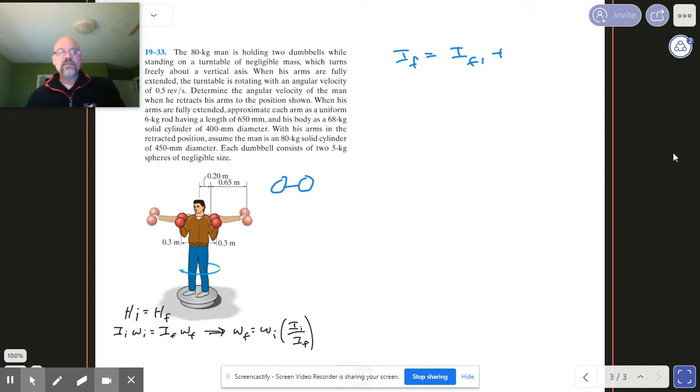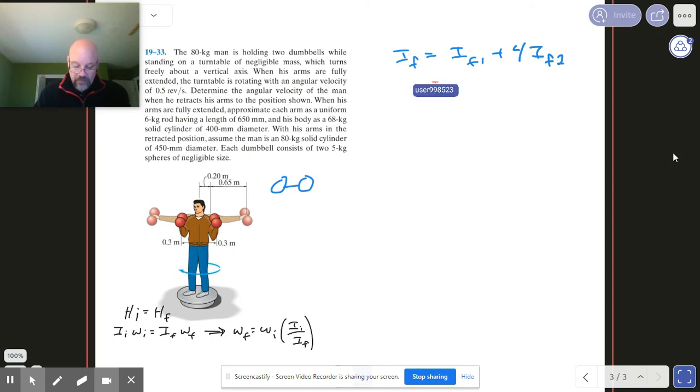Okay, so we have a total of 4 spheres. So we're really going to have 4, we call it I final 2 for the spheres. Okay, and so let's see if we can break that down a little bit more.